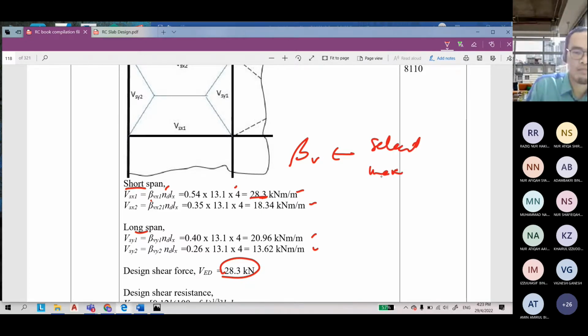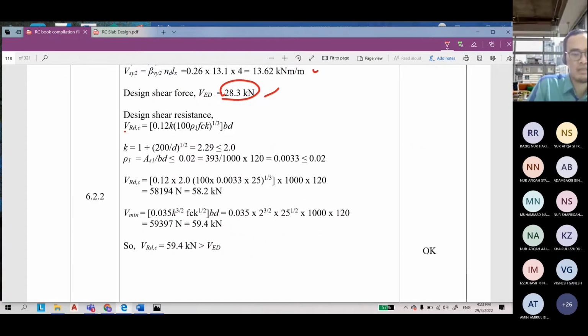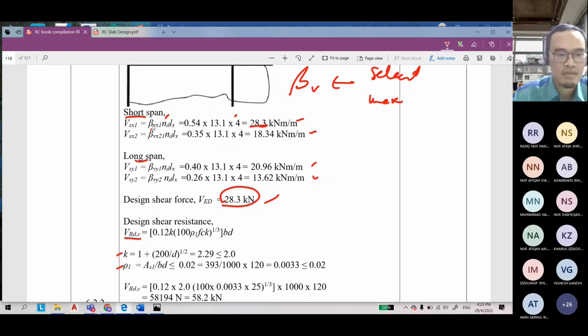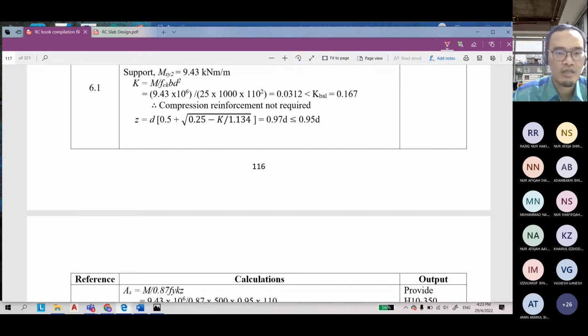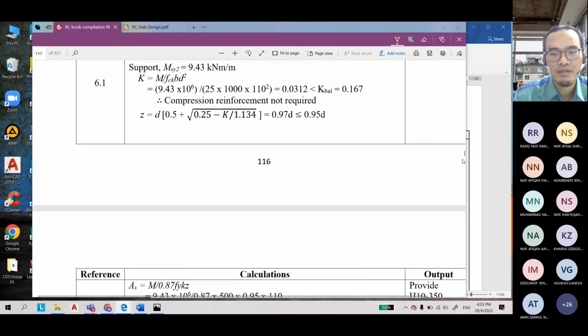You select the maximum and then you calculate VED, and then you can proceed with the calculation of VRDC, which requires you to calculate the k, the rho 1, and so on. So you select the maximum, which direction is the maximum. In this case it is Vx1. So you can get the value of the coefficient from this table.